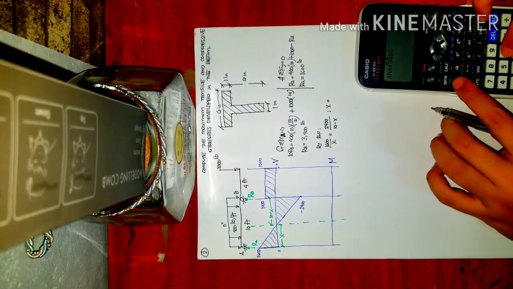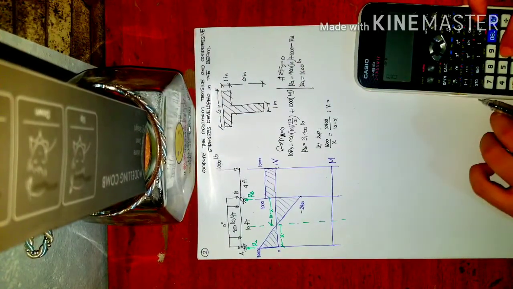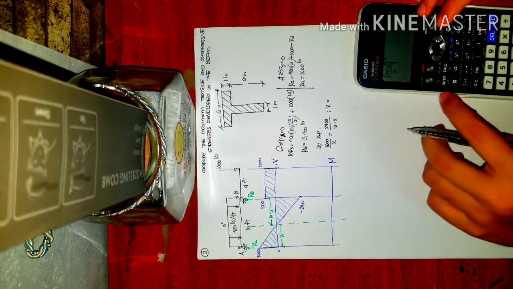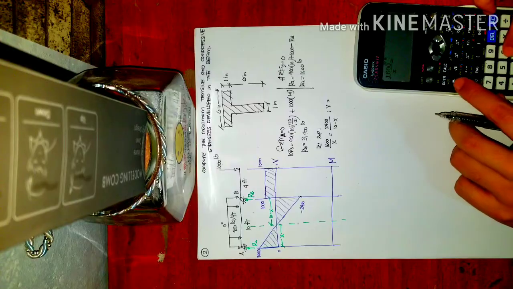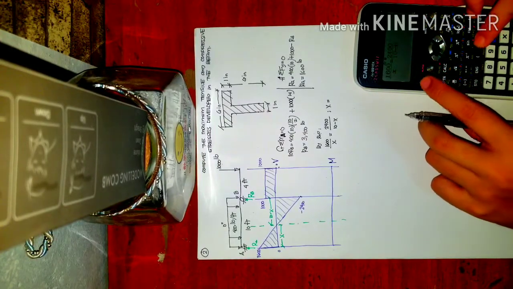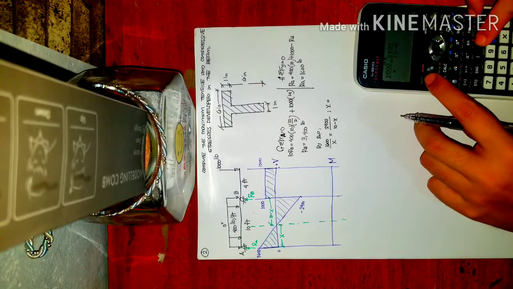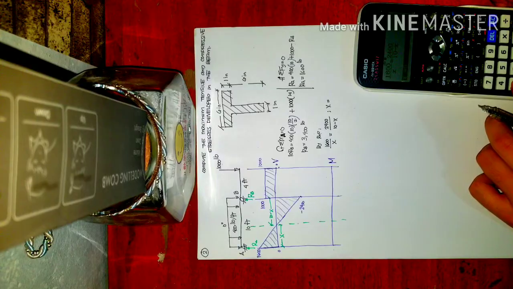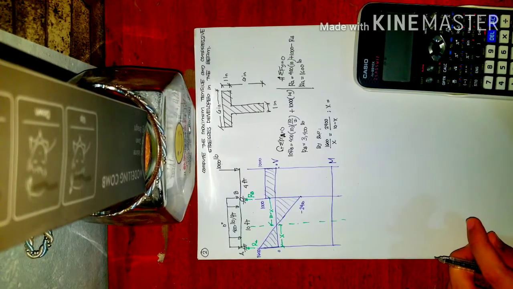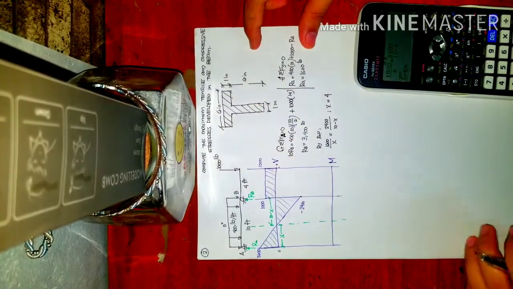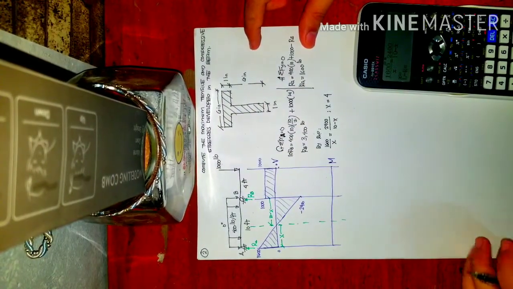May value pa ba si x? Should solve. Ano bang value nito? Okay, so the value of x is 4 daw. Okay, so ayan.